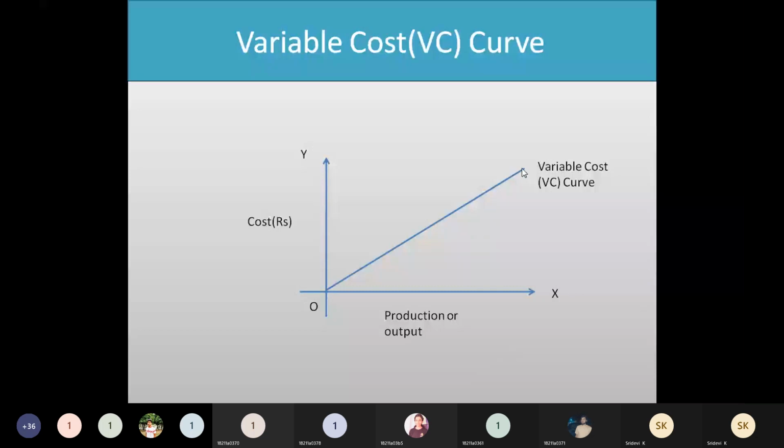If the output is reducing from x towards the horizon, variable cost also decreases from right to left. If output increases from the horizon towards x, variable cost also increases upwards. Variable cost is flowing from left to right upwards.